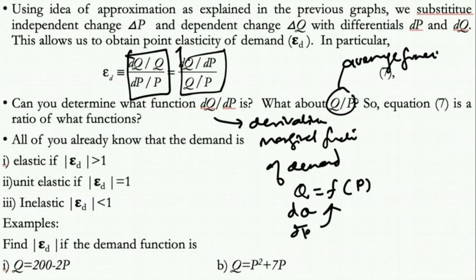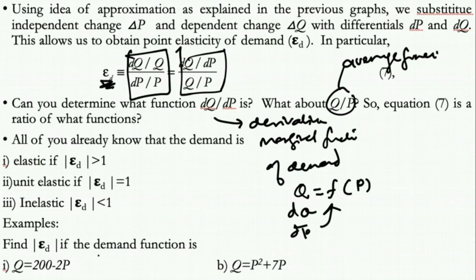So this ratio is basically the ratio of the marginal function to the average function of demand. And you already know that the demand is basically elastic if the absolute value of this elasticity is more than 1. Very sensitive to the change in price level. Unit elastic if the absolute value is equal to 1, inelastic if it is less than 1.